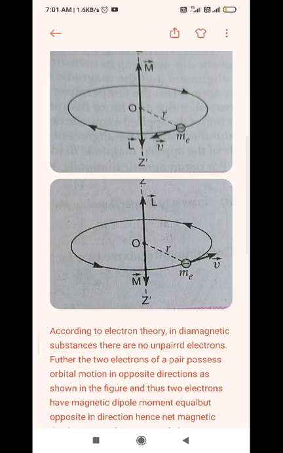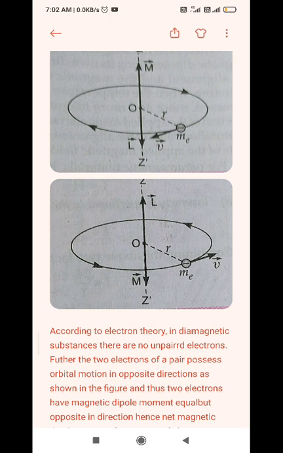Now, according to electron theory, in a diamagnetic substance there are no unpaired electrons, and that means all the electrons of an atom are paired. The two electrons of a pair possess orbital motion in opposite directions.